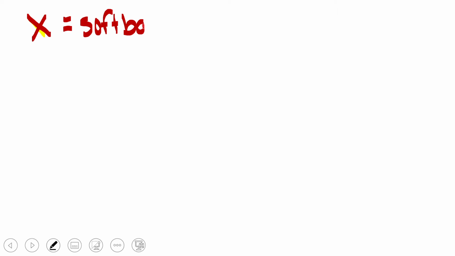Alright, so we need to assign a variable for both softball and baseball gloves. We could assign x for softball and y for baseball.